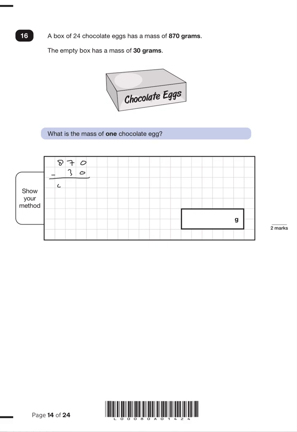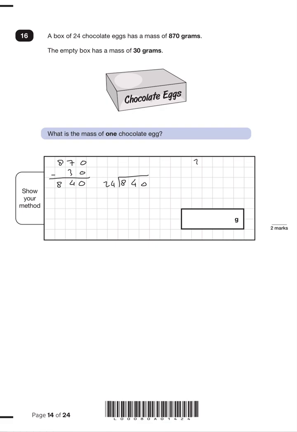So the eggs in total would be 840. I need the mass of 1 egg, so I need to do 840 divided by 24.